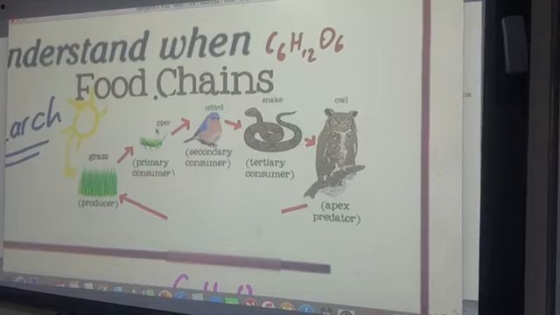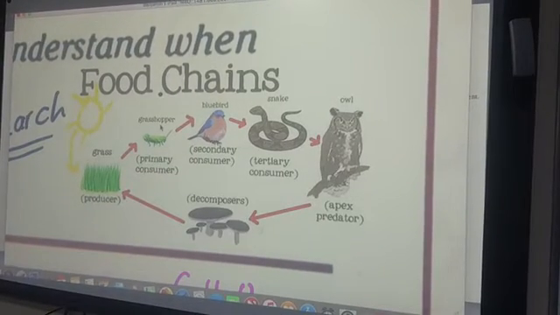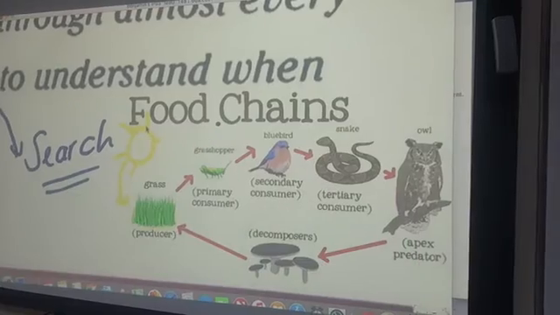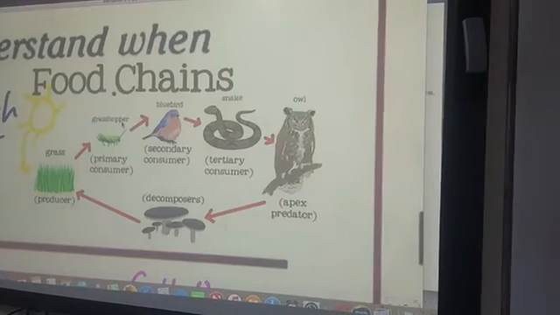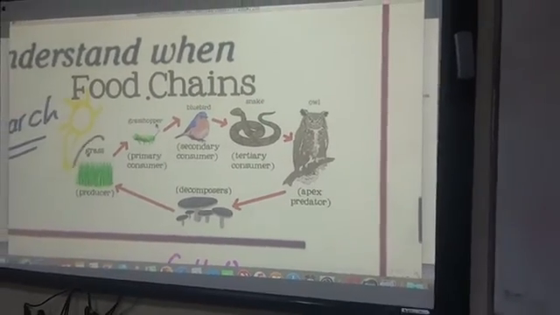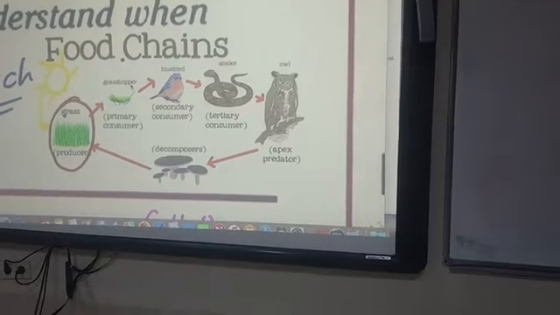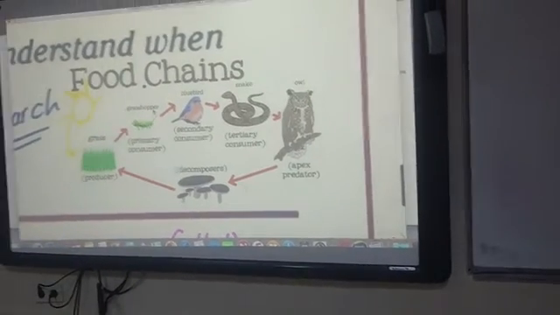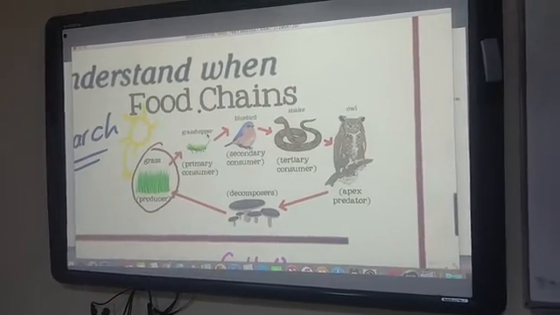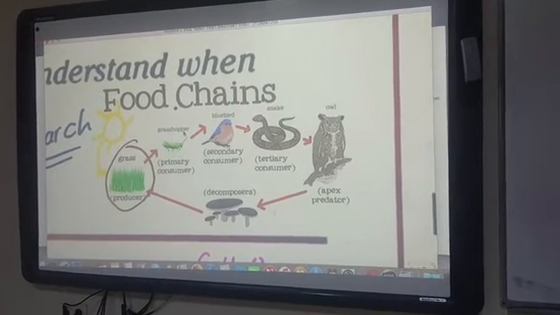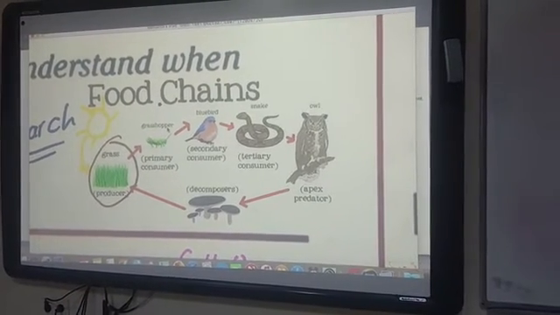I think our main energy source is the sun, and then plants use sunlight. Plants use sunlight, and then they produce oxygen and glucose.